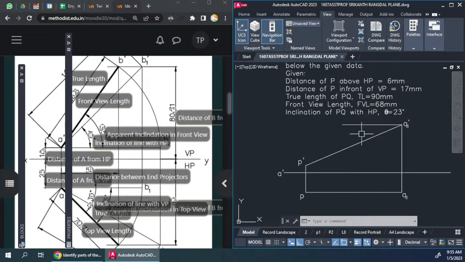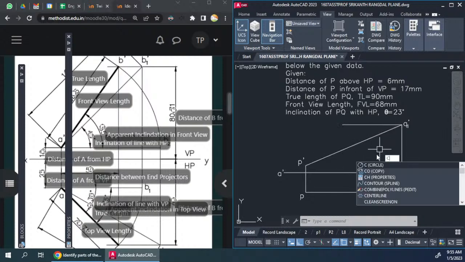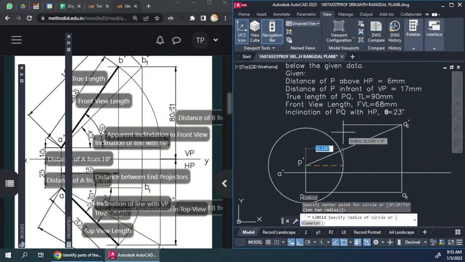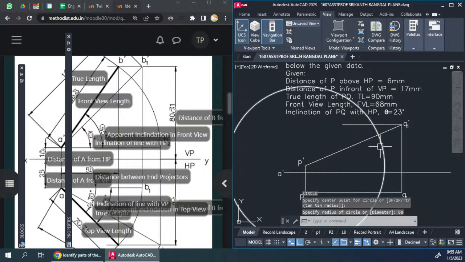In order to do that, we would use a compass when doing manual drafting. Here in AutoCAD we'll be using a circle. To take a circle, click here and give the radius as 68. Because the circle has the same distance from center in any direction, it will be 68 in any direction, we want the intersection between these two as a point.